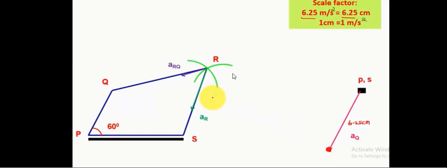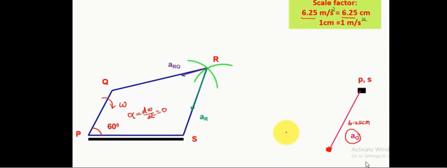So that we draw. Now we know there is an acceleration along the length QR. Because there is a crank, there is no angular acceleration, so we avoid a tangential component of AQ. There will not be any tangential component of AQ, because we already mentioned that for cranks there will not be any tangential component.